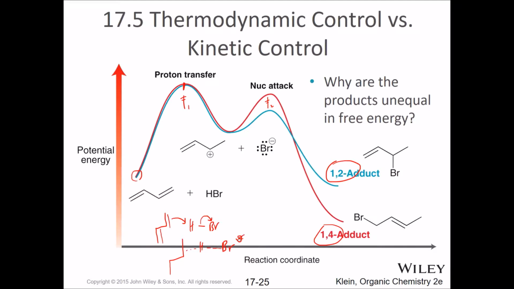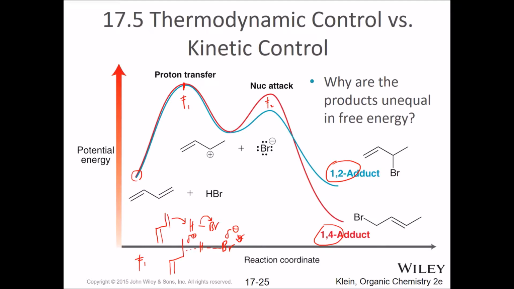Oops, that's not a plus. That's not a minus yet. It's a partial minus because it's starting to get its minus. And this double bond is still here, and this is going to be a partial plus over here because it's starting to lose its pi electrons. Okay, so this is a picture of the transition state. This is double dagger 1. Can you see that?